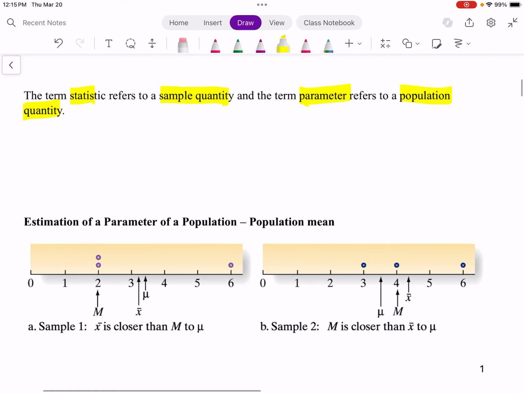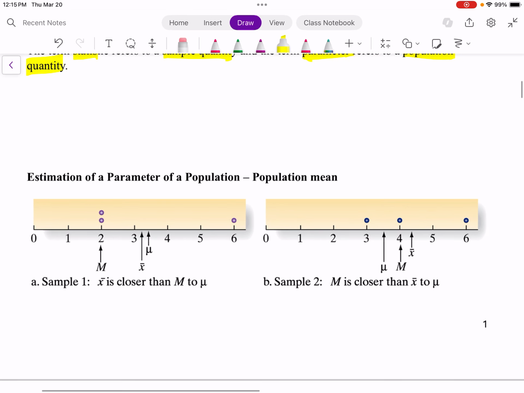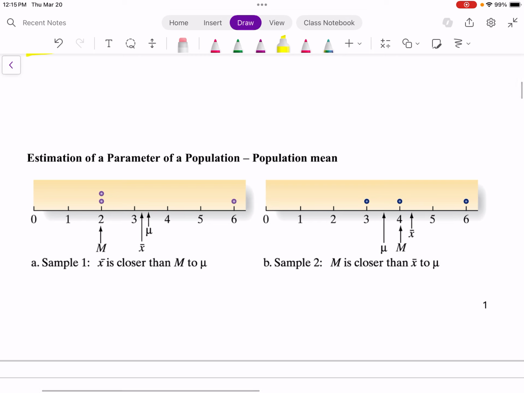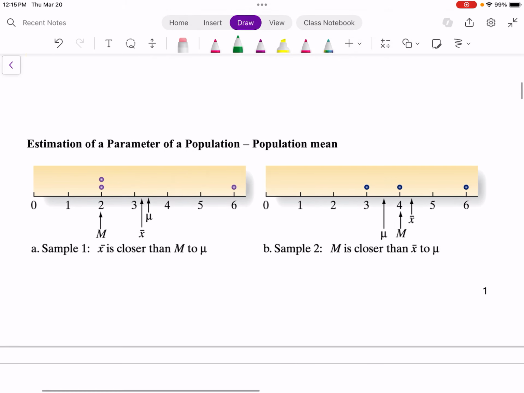Now here we have two different samples. This is an experiment of rolling a die. We have two dice, we roll them, and we record the number that faces up.